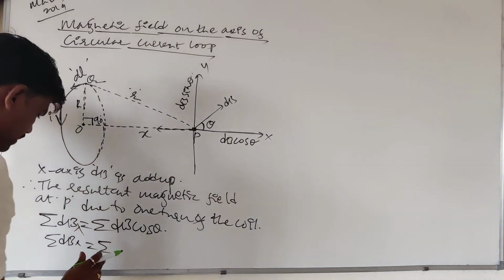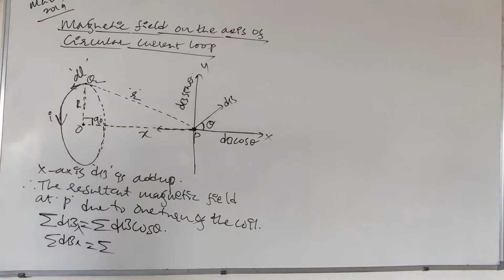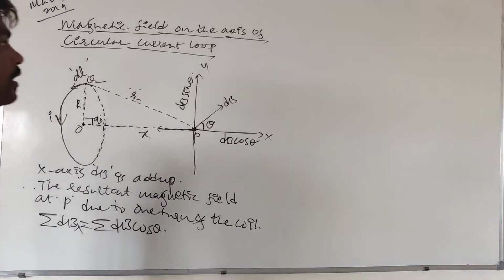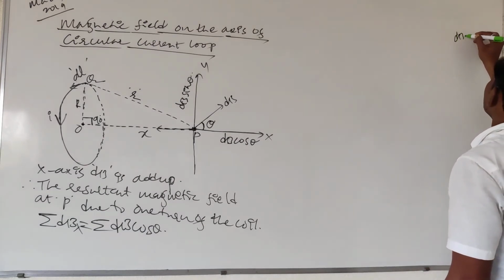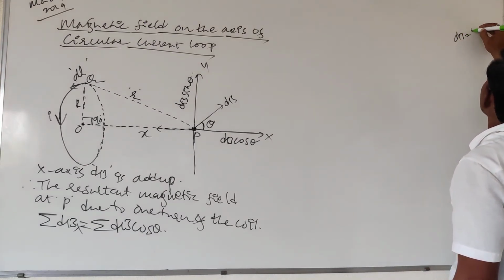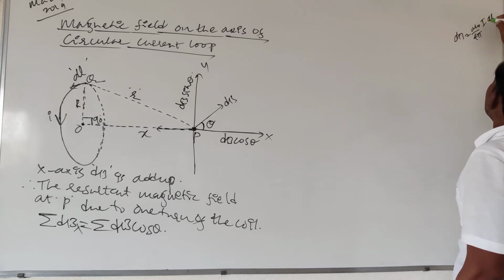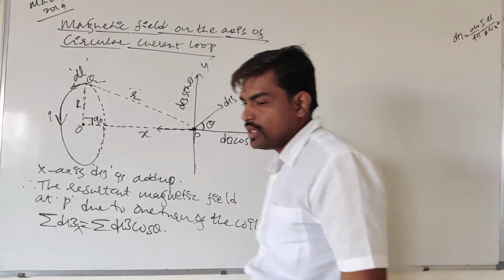So here I am going to write directly. Our equation number 1: dB is equal to what? Mu naught divided by 4 pi, I dl divided by r square plus x square.